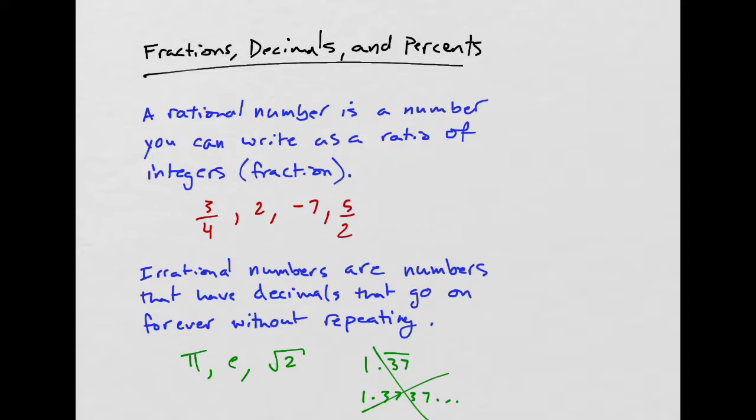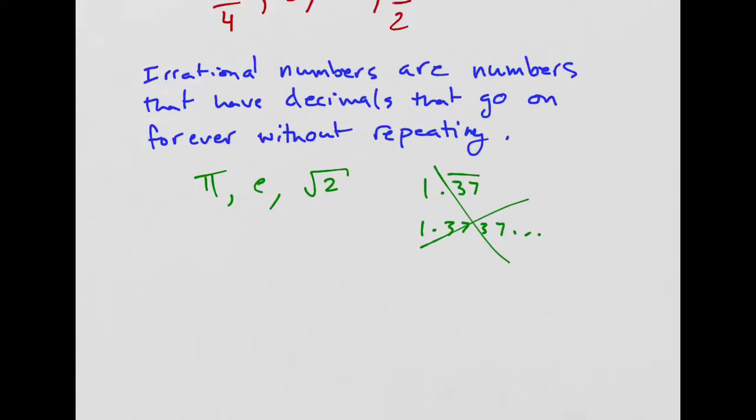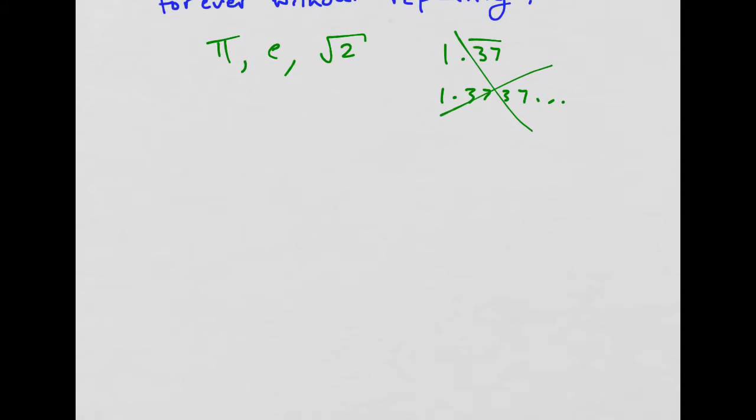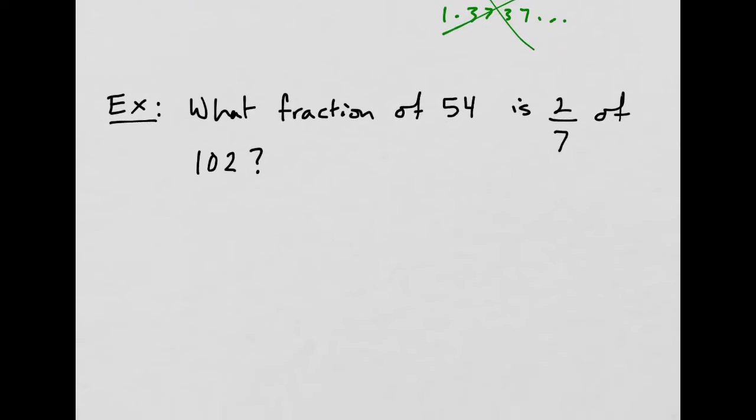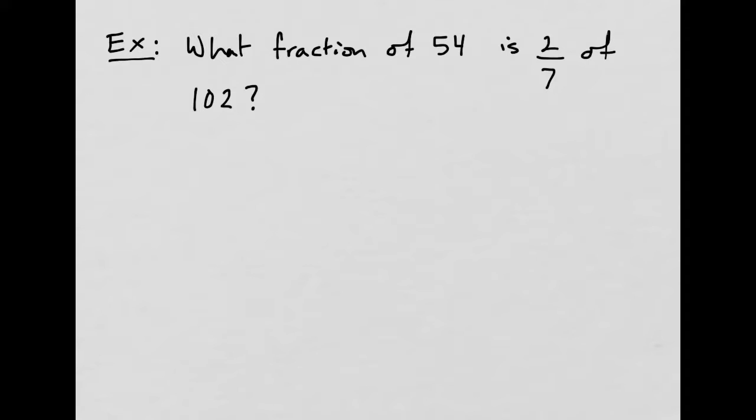Let's look at rational numbers and see if we can be comfortable with manipulating them. So I'm going to do a first example. This question looks kind of weird in the way that it's worded, but it says, what fraction of 54 is 2/7 of 102? This is a very complicated way to word this problem, but it's not so bad once you understand it.